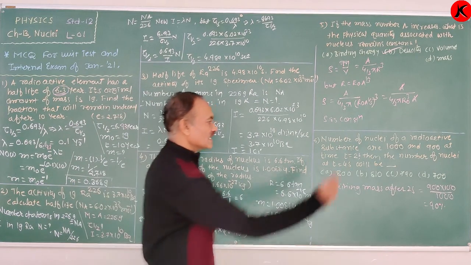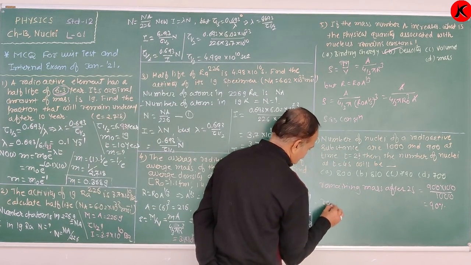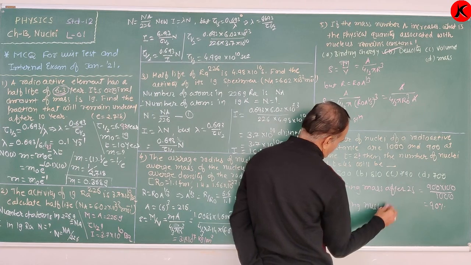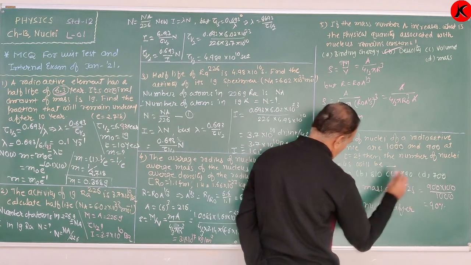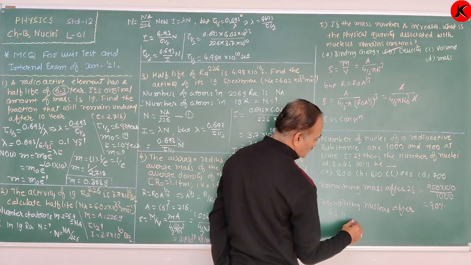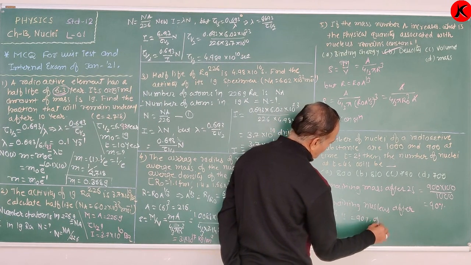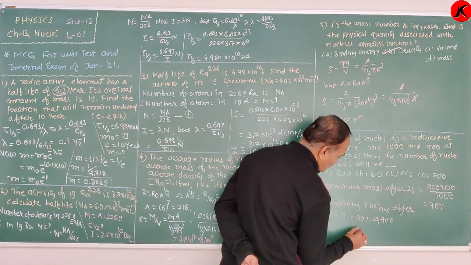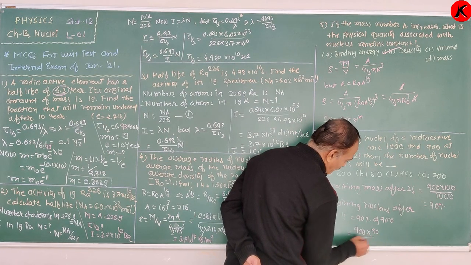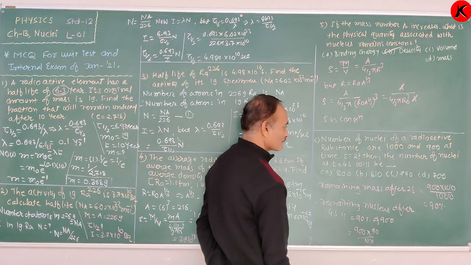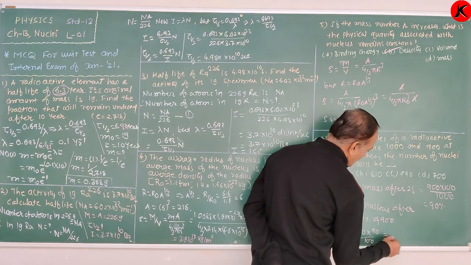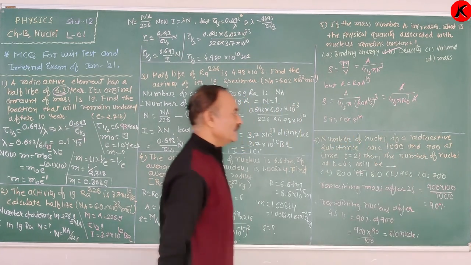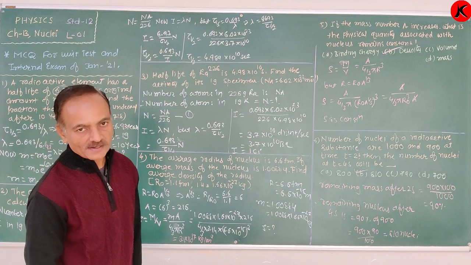Therefore, the remaining nuclei after 4 seconds is 90% of 900. Therefore, 900 into 90 upon 100, so it is equal to 810 nuclei.